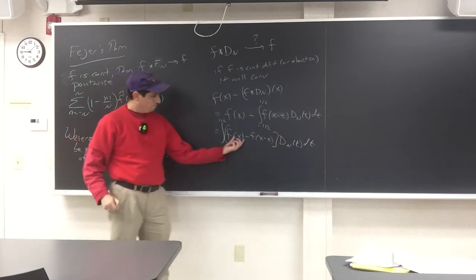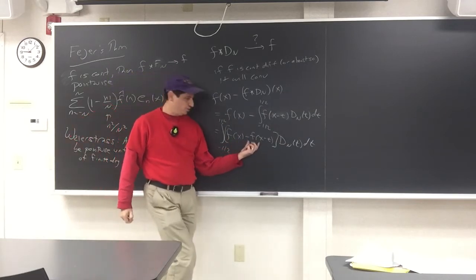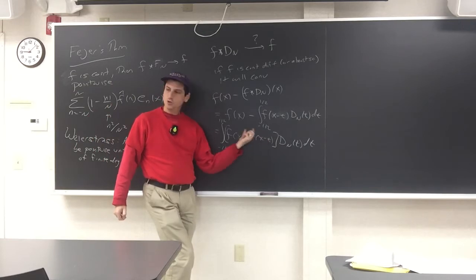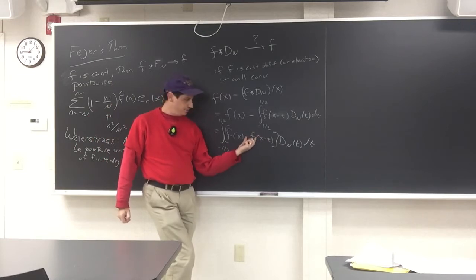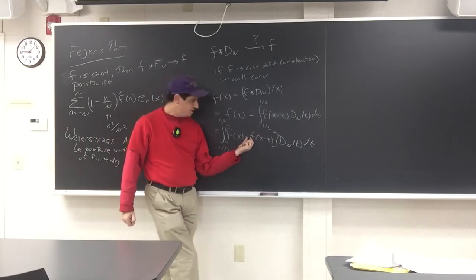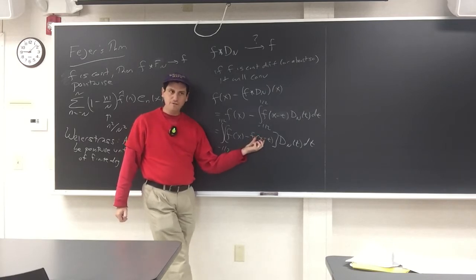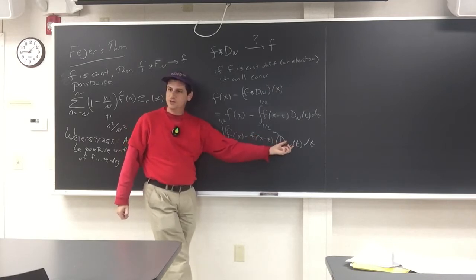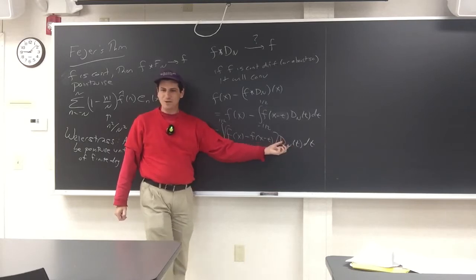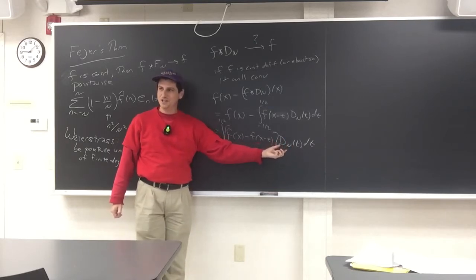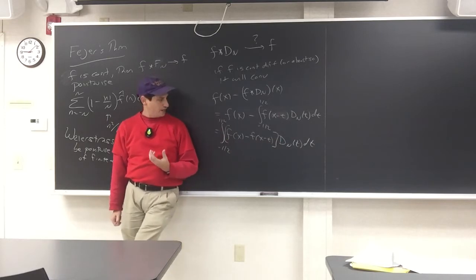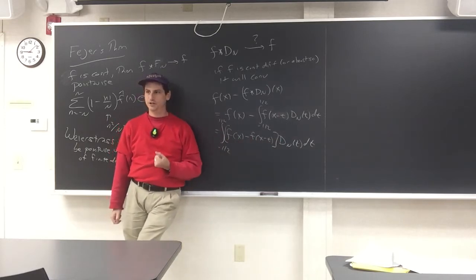Okay? Well, what we did before is we said, look, when t is close to 0, this is small by continuity. And when t is a little bit away from 0, because this is an approximation to the identity, this is small. Sadly, we can no longer do that because this is not an approximation to the identity. Now we use the fact that we actually know something about the Dirichlet kernel.